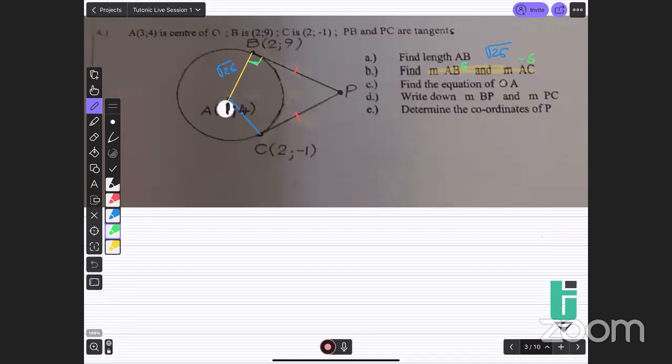The tangent is perpendicular to the radius. So you can just say this was 5 and this is -5, and this is -1 over 5 and this is just 1 over 5. Okay. Guys happy? Yeah. And then they say the equation of OA.